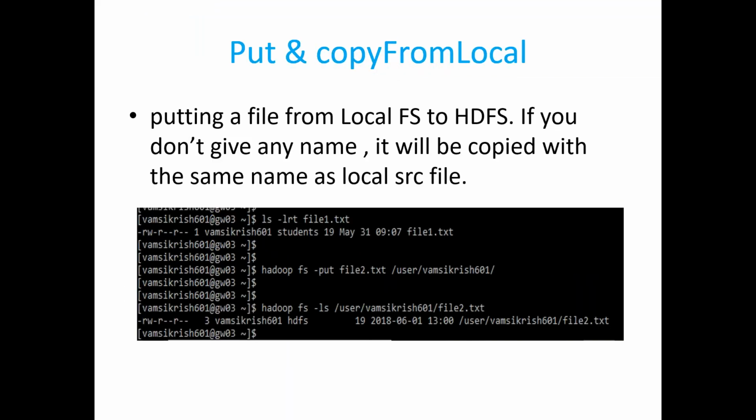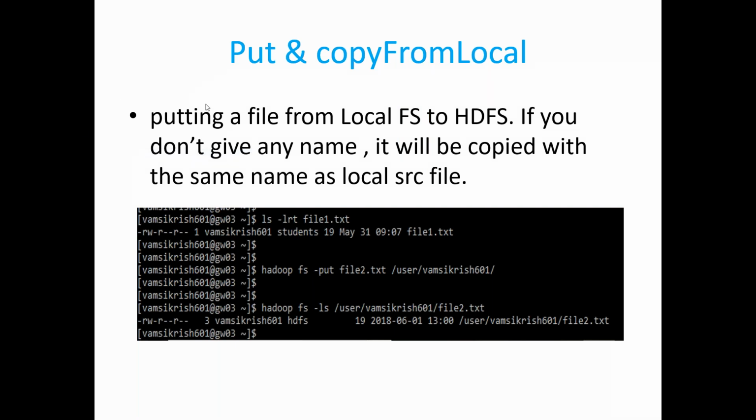Now let's talk about the put command. The put command is used to copy a file from your local file system to HDFS. When I say local FS here, it's nothing but the Linux file system. So we can copy files from Linux to Hadoop by using the put command.